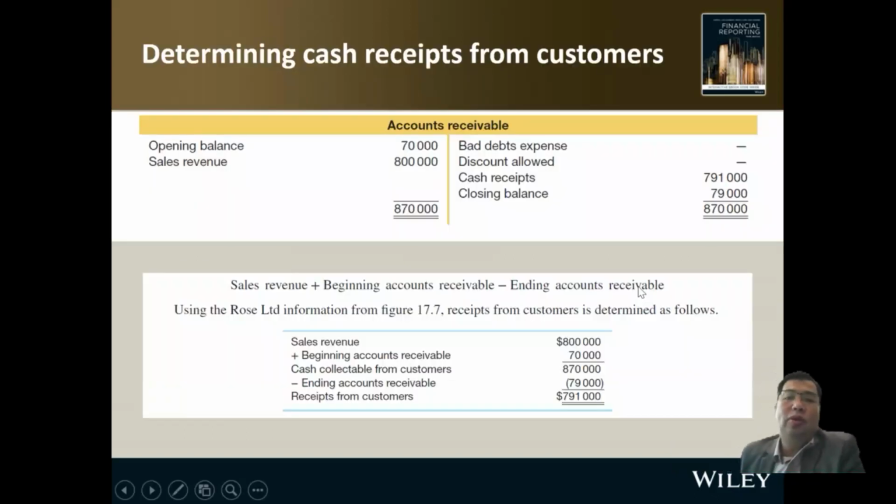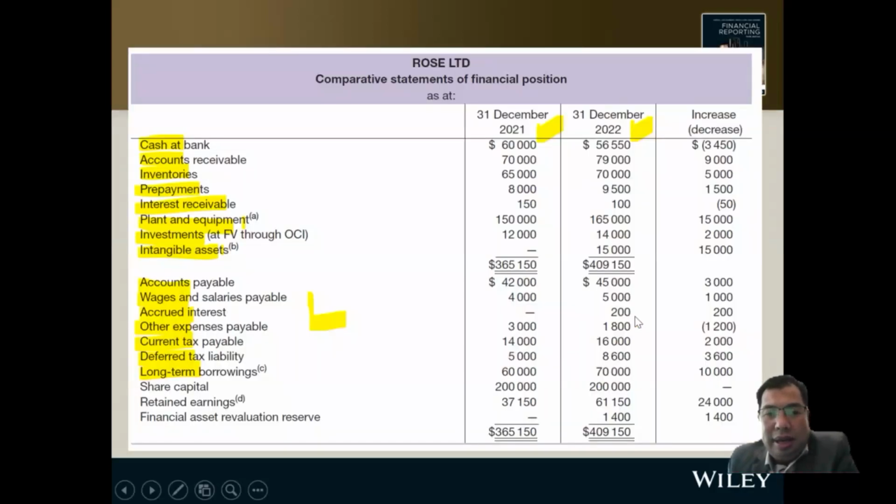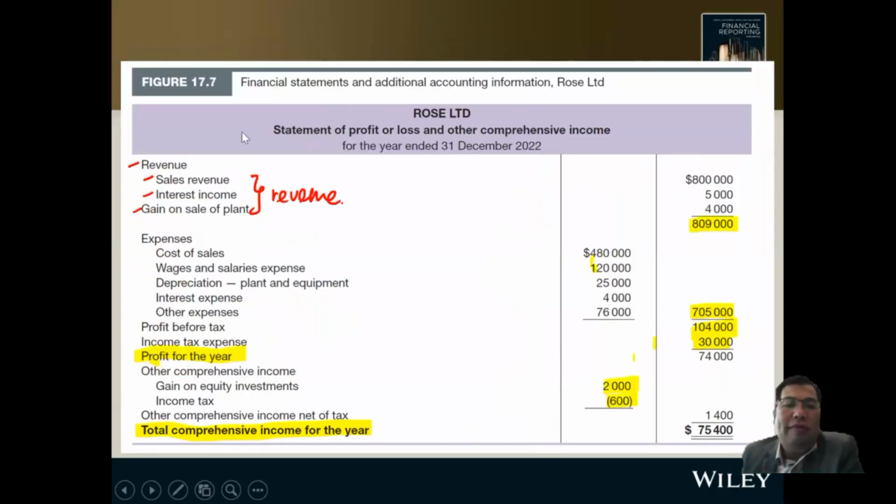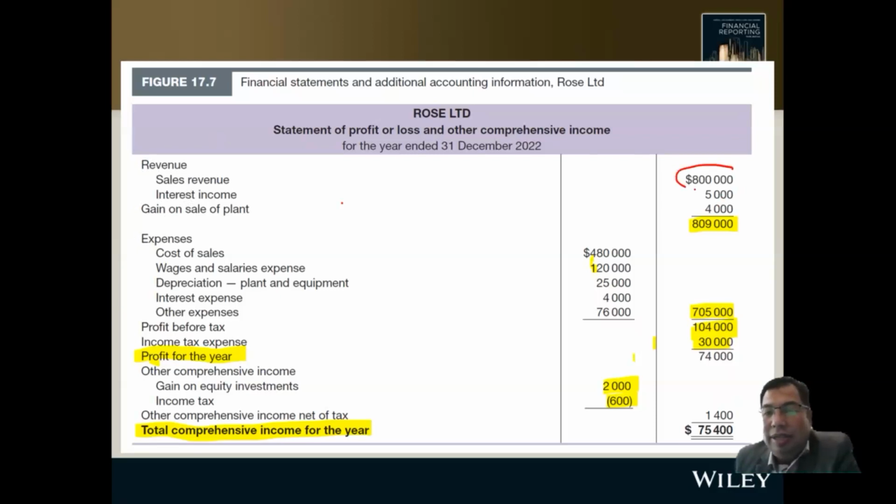The first one I'm going to show you is how to determine cash received from customer. If you look at this information here, you have your sales, 800,000.